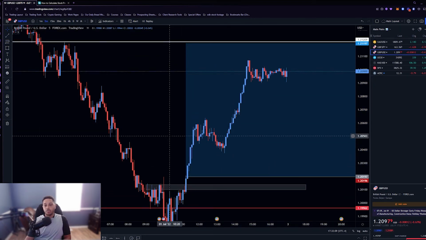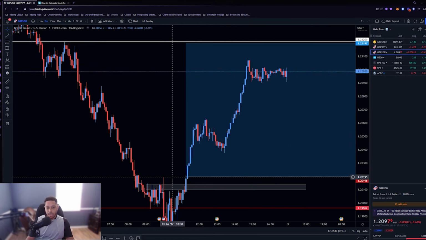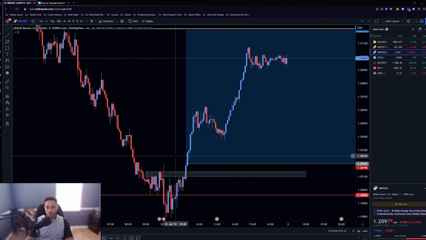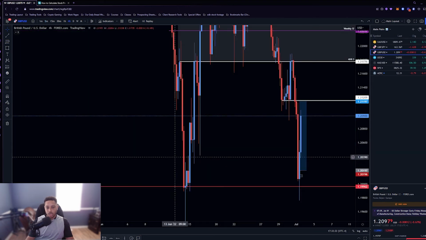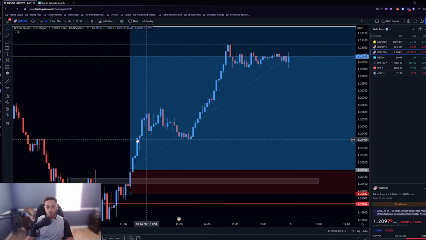I can't move it, but yeah. So you risk 1% and you make 5% in this trade if you decide to close it in this area, which is amazing. Now for me, I ended up closing it pretty early because it was Friday and I had to go and I didn't want to hold that trade.